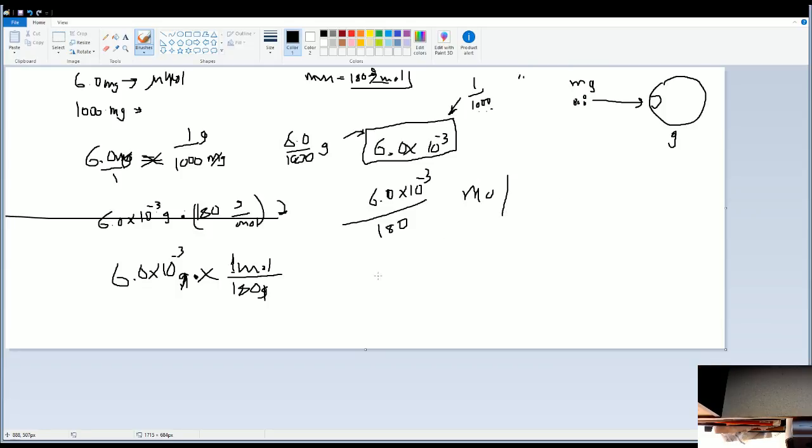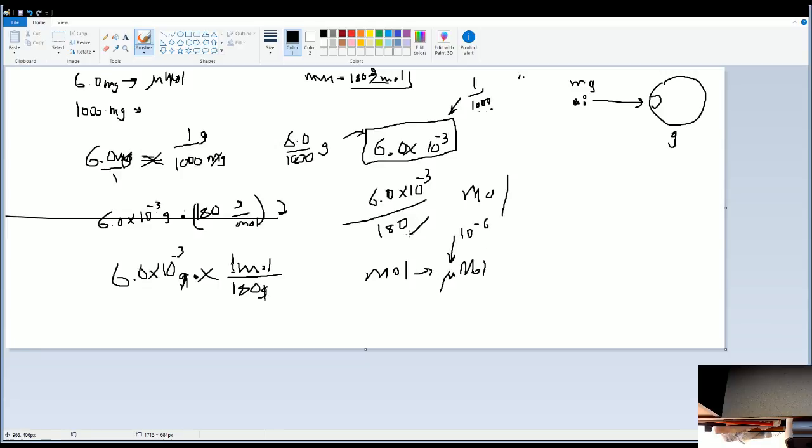And then this is in moles, and you want to go from mole to micromole. Micro is 10 to the negative 6. No, 10 to the negative 6.